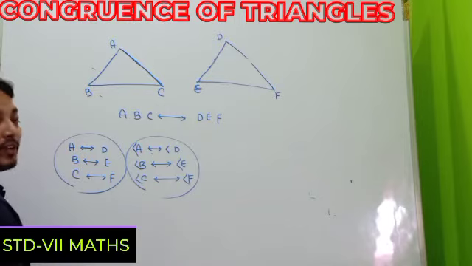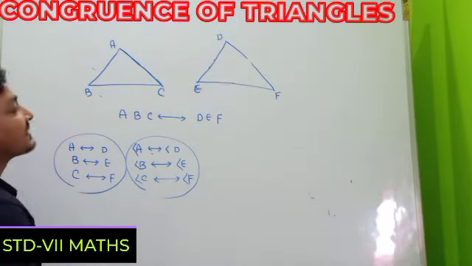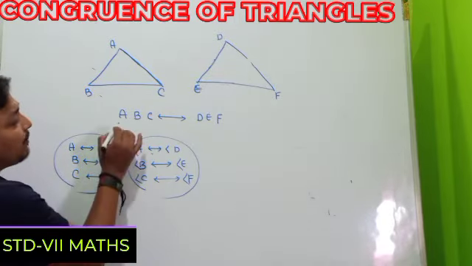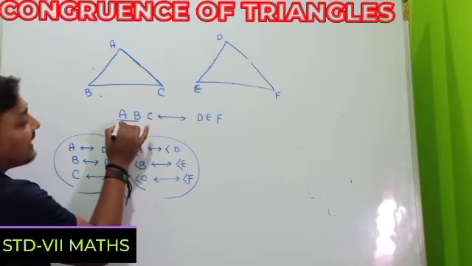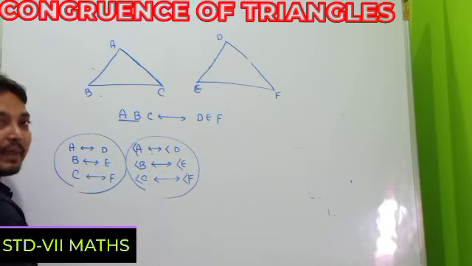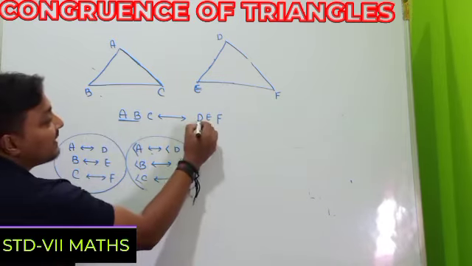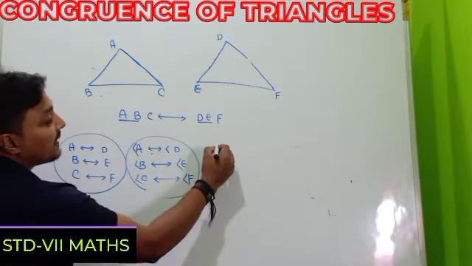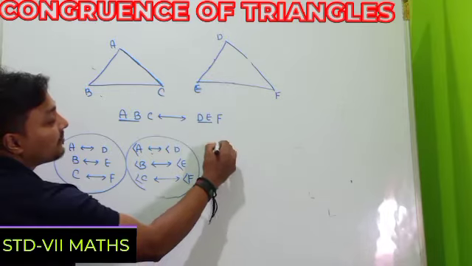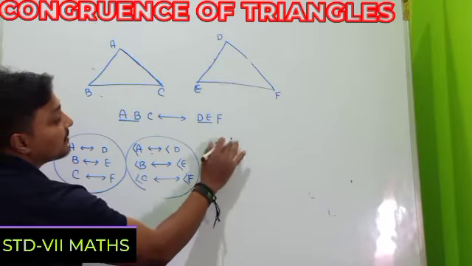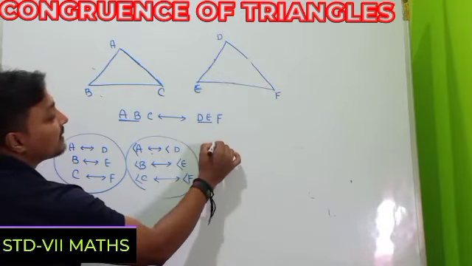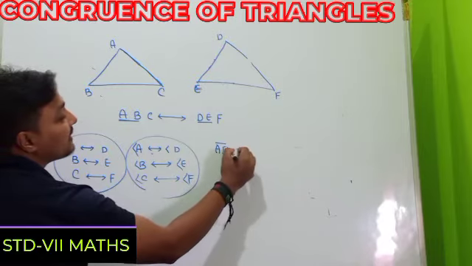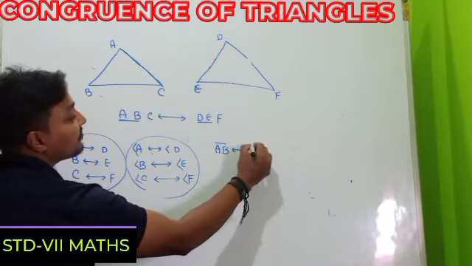Then after, we will discuss the sides. Side means first and second, line segment AB. First, second here must be the same as first, second. Side AB matching with side DE.